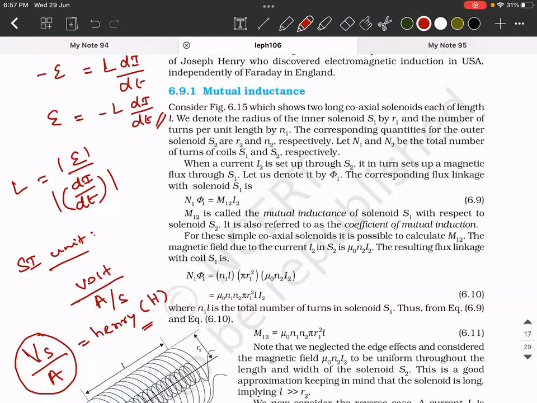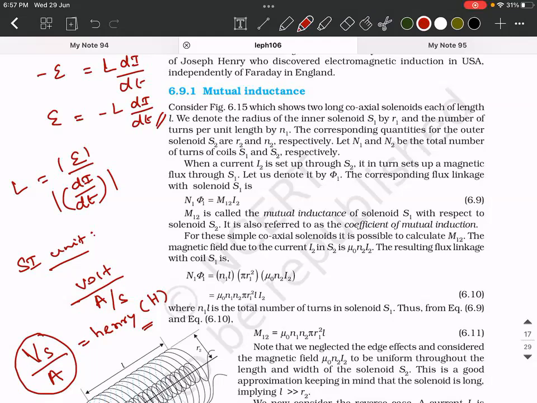If you remember, the capacitance unit farad is generally too large, so capacitors are mostly designed in terms of microfarad. In a similar way, Henry is also a slightly bigger unit.